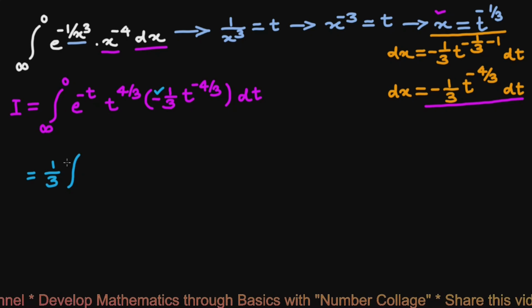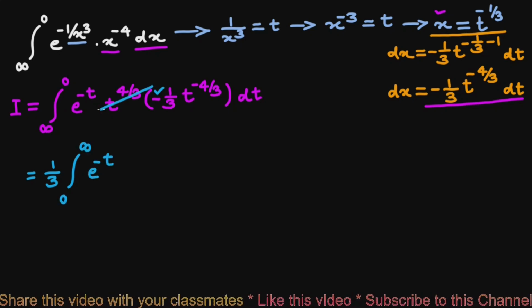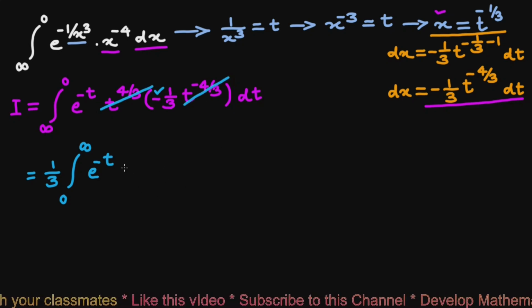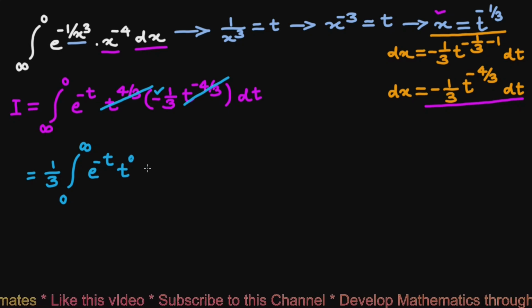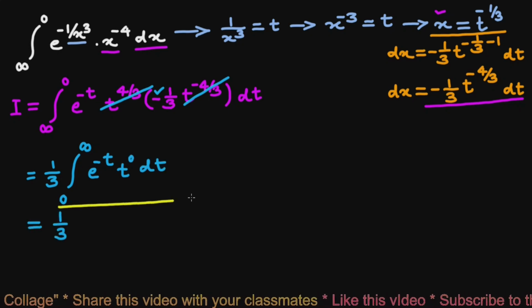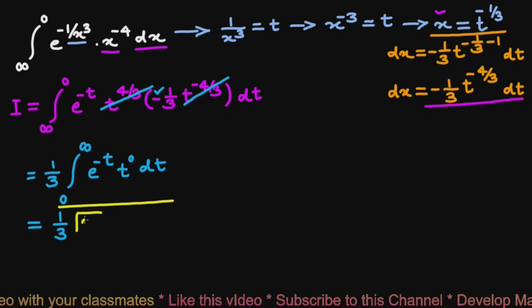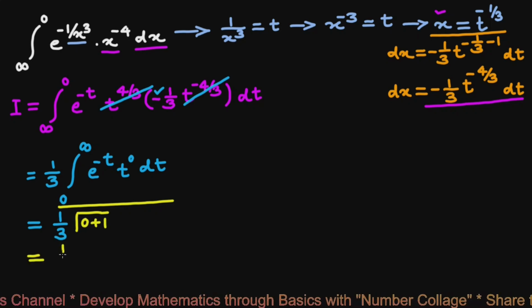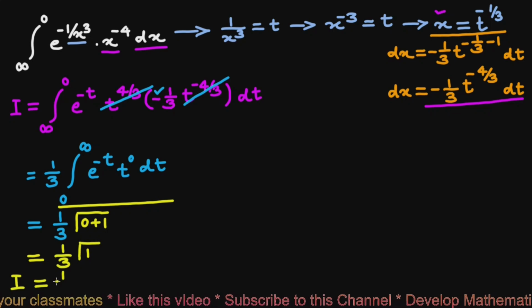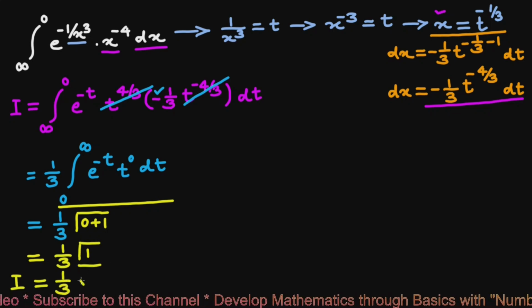Instead of infinity to 0, we will write 0 to infinity e raised to minus t into t raised to 4 by 3 into t raised to minus 4 by 3, which will be 1, which we write as t raised to 0 dt. This will be 1/3, and this integral according to the definition of gamma function will be gamma 0 plus 1, that is 1/3 gamma 1. So the integral will be 1/3 into 1 because gamma 1 is 1. So this is the value of the integral.